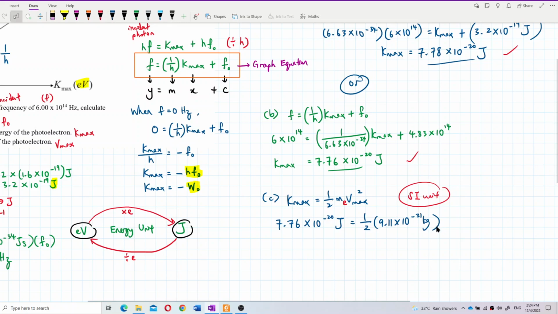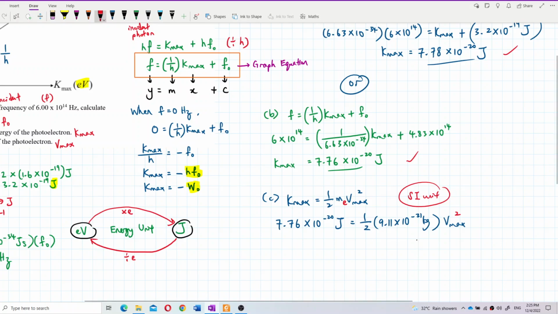And then I can find my Vmax. Don't forget this one got square. Many students neglect the square. So let's calculate: 7.76 exponent negative 20, multiply 2, and then divide by 9.11 exponent negative 31.